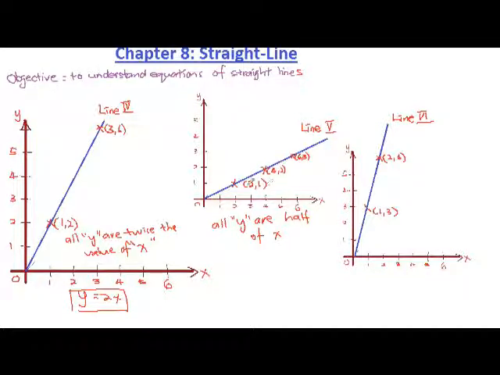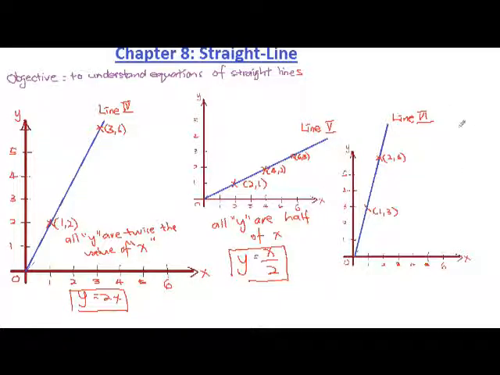So y is half of 2. 2 is half of 4. And 3 is half of 6. So now, let's translate these common relationships into an algebraic expression, which is y equals x over 2. So this is the equation of straight line 5.